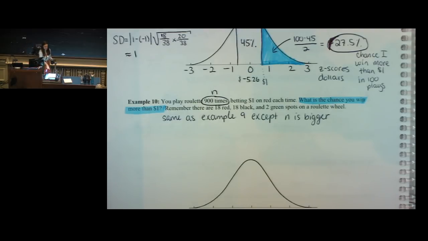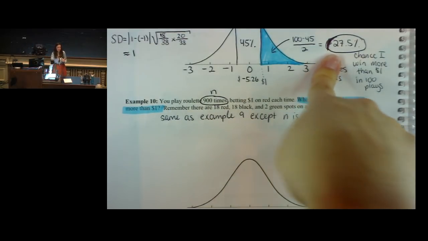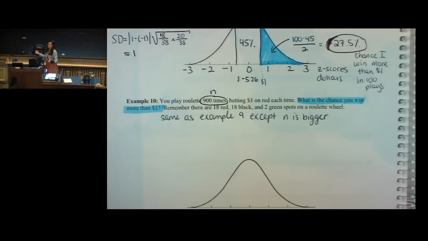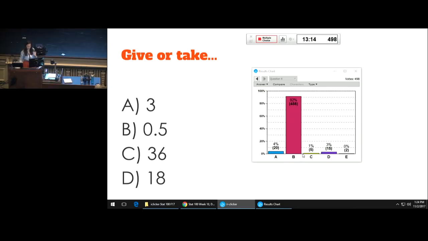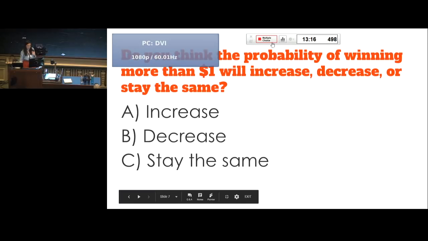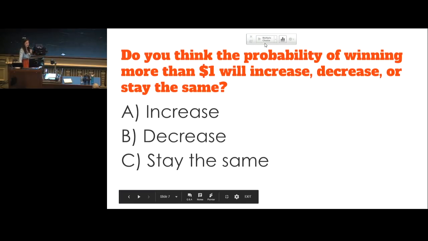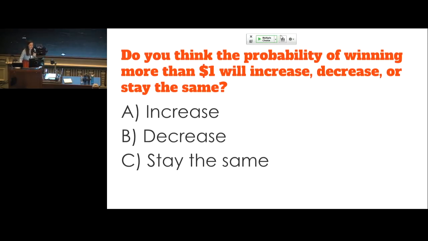Do you think the probability is going to be bigger than 27.5? Is it going to stay the same? Is it going to be smaller? What is your intuition? Will the probability of winning more than $1 increase, decrease, or stay the same? There is a right answer, but I just want you to take a guess before we do the math.